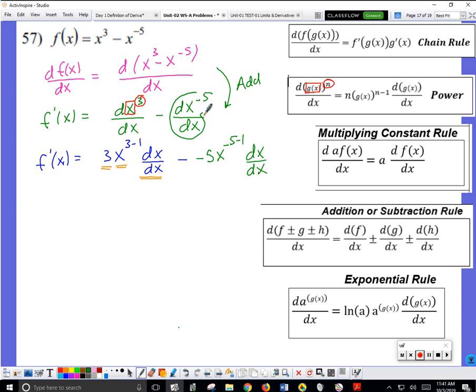You see it now? Good question, 3 points. Anybody else? Cool. We're done. f prime is simply 3x squared. Negative is positive.